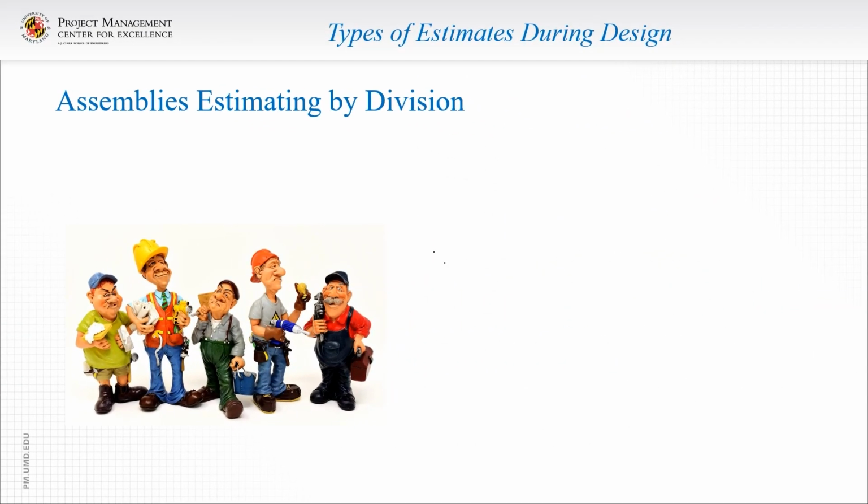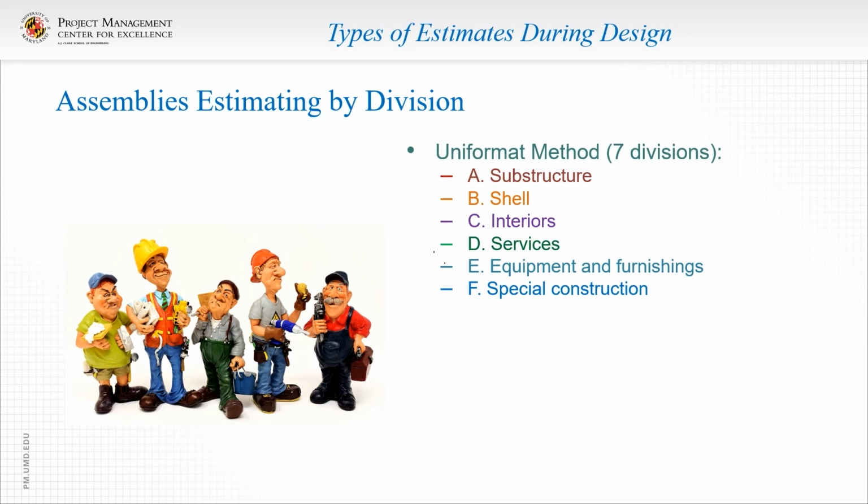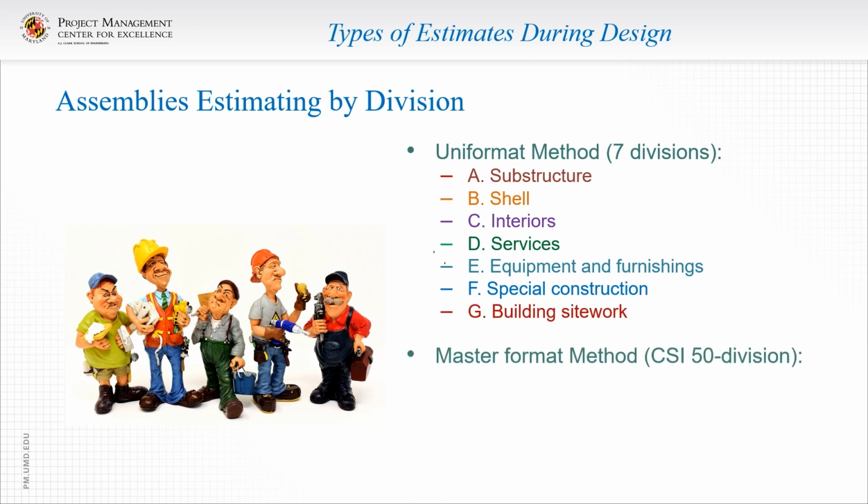Let's say a few words again about the assemblies estimate by division. The Uniformat method has 7 divisions: substructure, shell, which is the exterior, interiors, services, mechanical, electrical, plumbing, for example, equipment and furnishings, special construction, and building site work.